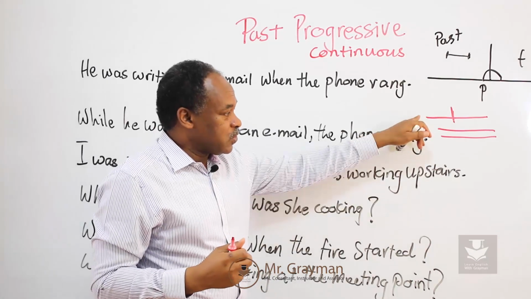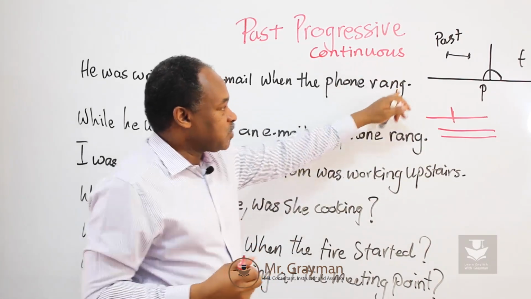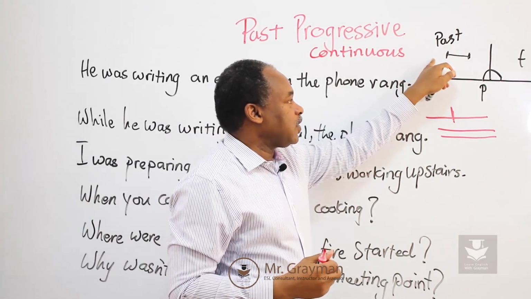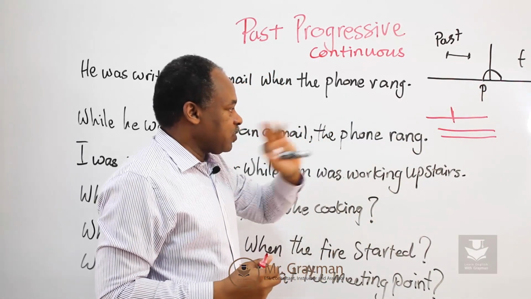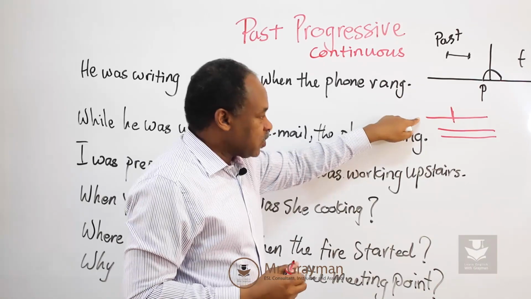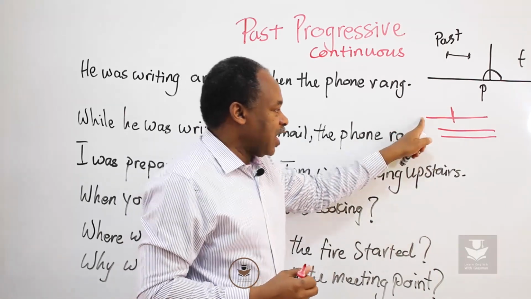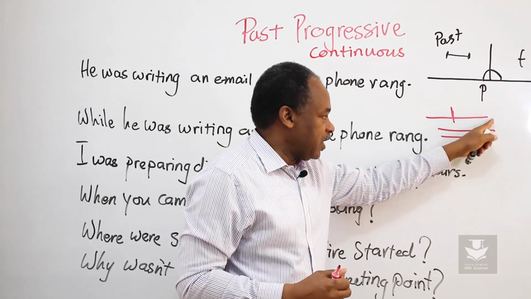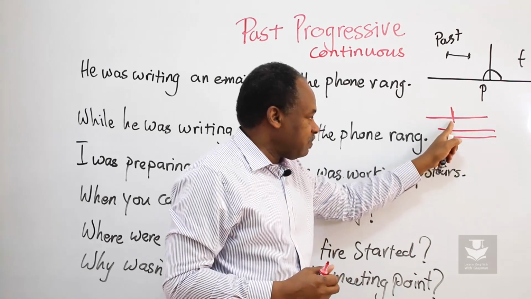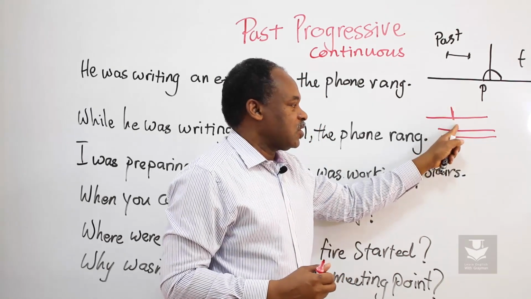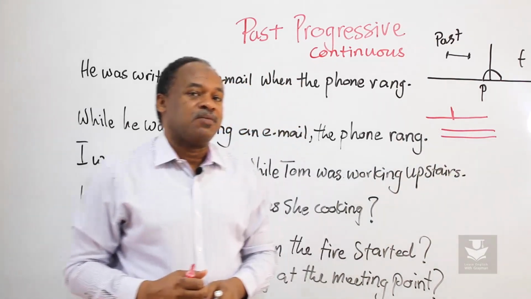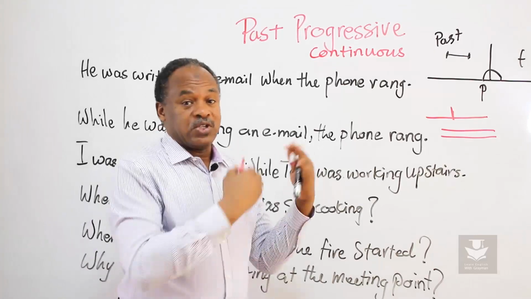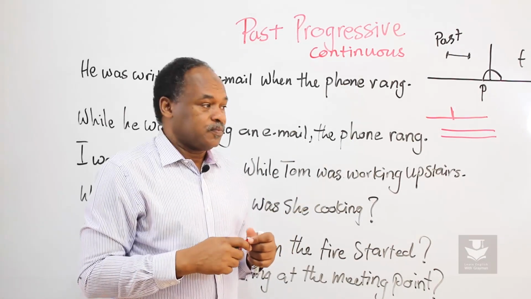That's when we use the past continuous tense. We use it to talk about an action that happened in the past at a specific time and finished. I'm sorry. And to talk about two actions. One action was happening in the past, interrupted by another action. Or two actions are happening at the same time. We're going to detail all that in a minute.